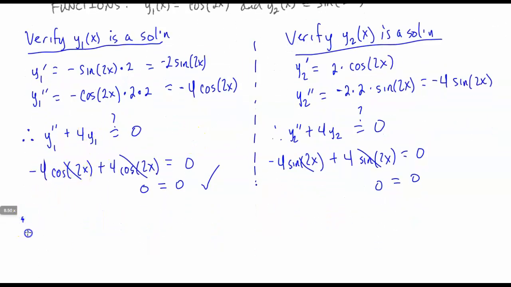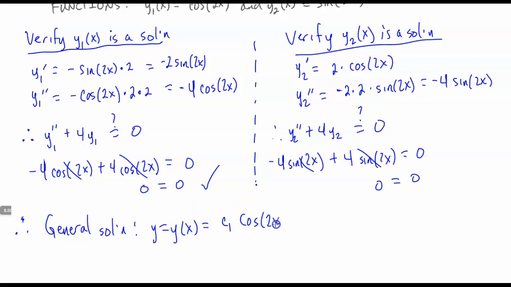So here, therefore, I'm just going to put general solution here. So general solution would be y is equal to y of x, which is going to be c1 cosine of 2x plus c2 sine of 2x, okay?